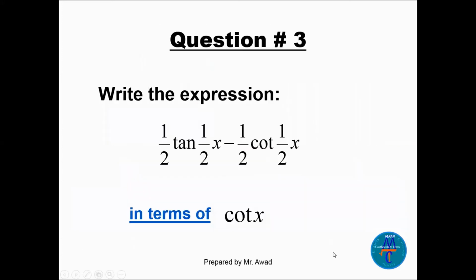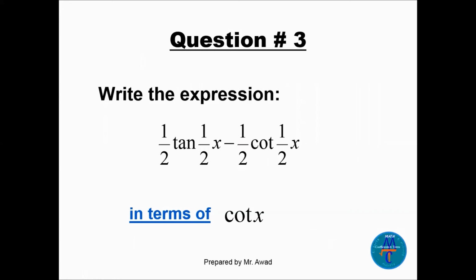All right, let's see question number 3. Write the expression half tan half x minus half cotan half x in terms of cotan x. So in the final answer, we need something with cotan of x.